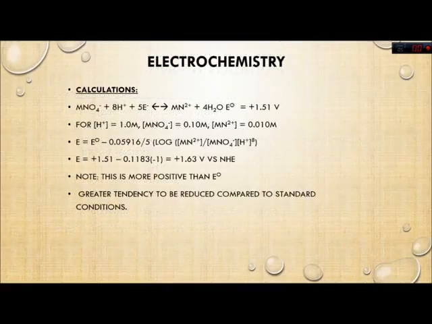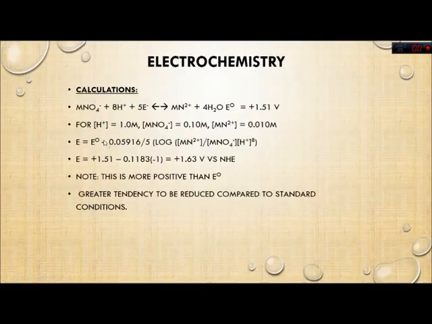Now for the calculation, we are given MnO4- plus 8H+ plus 5 electrons, with an electrode potential of 1.51, and for hydrogen the concentration is given as 1 molar. For MnO4- it is given as 0.1, and for Mn2+ it is given as 0.01. Now we'll use the Nernst equation.